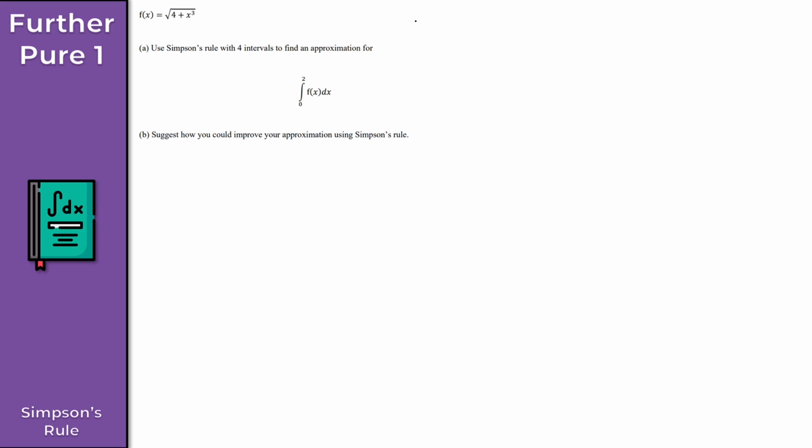To get us started for part A, because we're not given the result for Simpson's rule in the formula book, let's start by stating Simpson's rule, or the result for Simpson's rule, I should say.